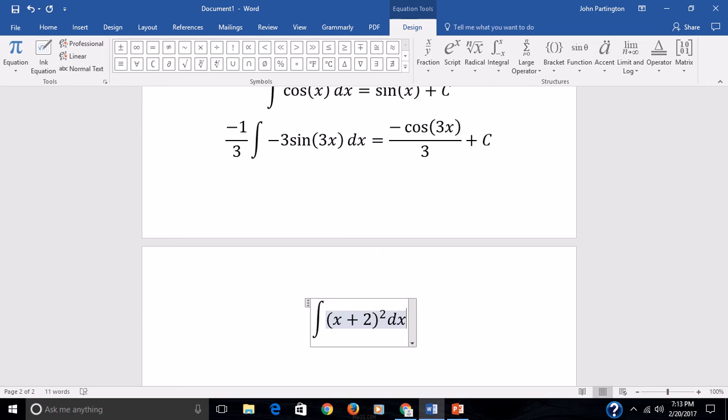So you have this 2 here, meaning that the exponent was a 3. So you would have a multiplied 3 in the front. The derivative of this inside is 1, so that doesn't matter. So we're missing a 3 out front.